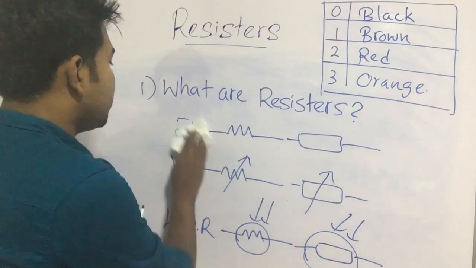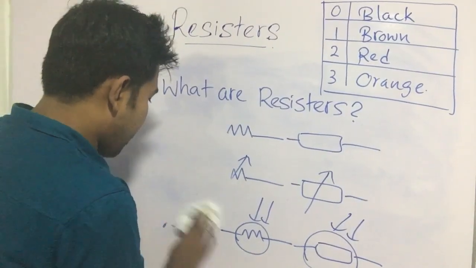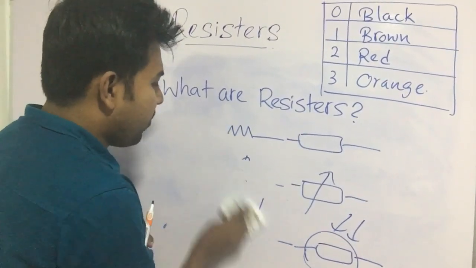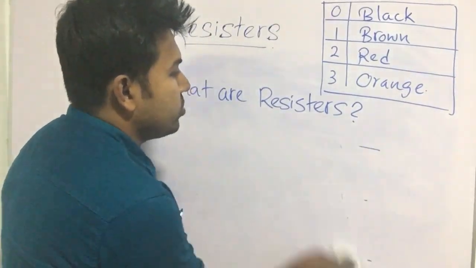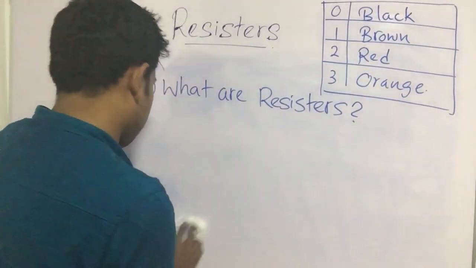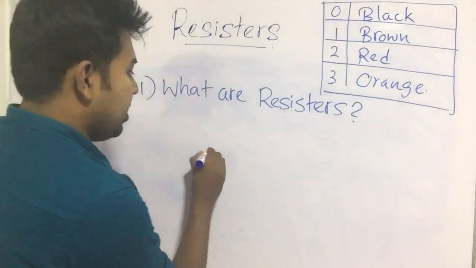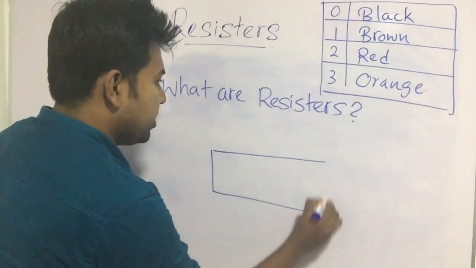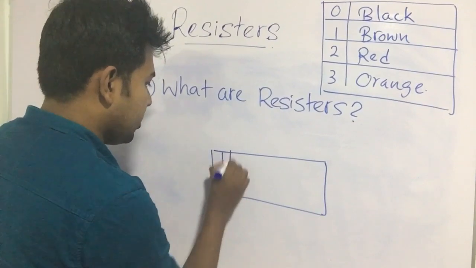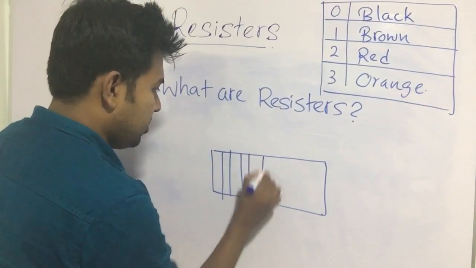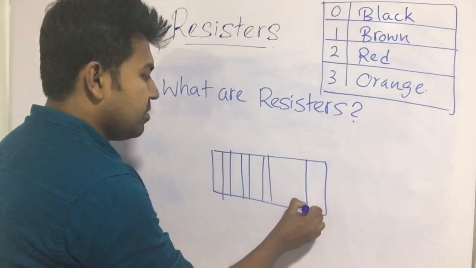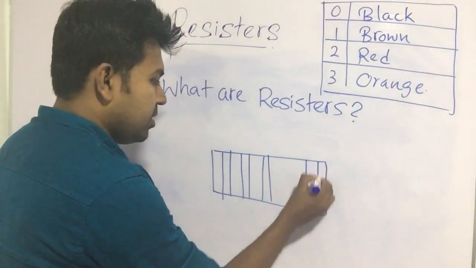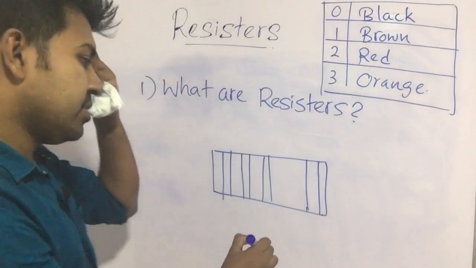Then we will go through how to find the resistance in a resistor by using the color code system. I will draw a bigger image. There are three colors here, and with a little bit bigger gap, a tolerance value line is there.